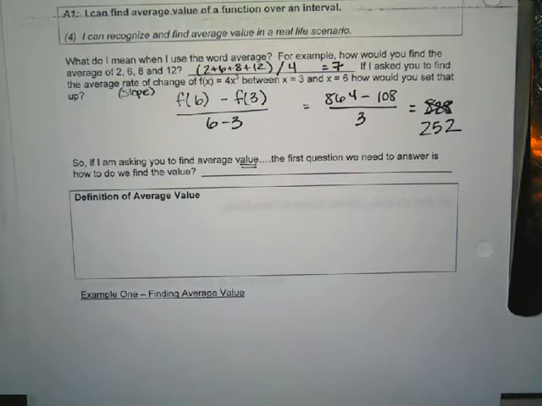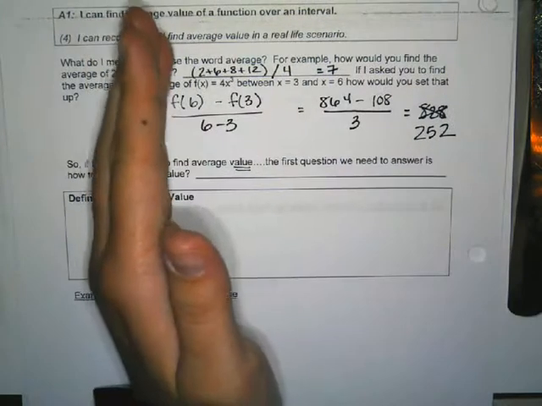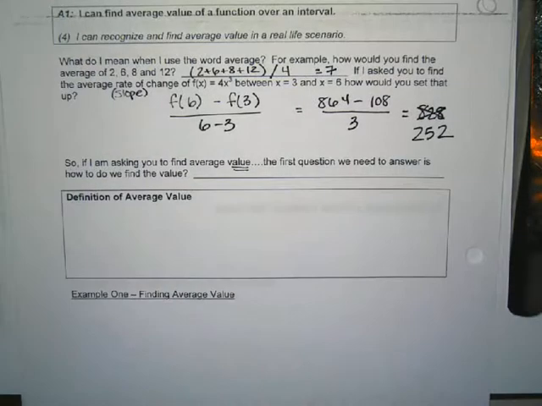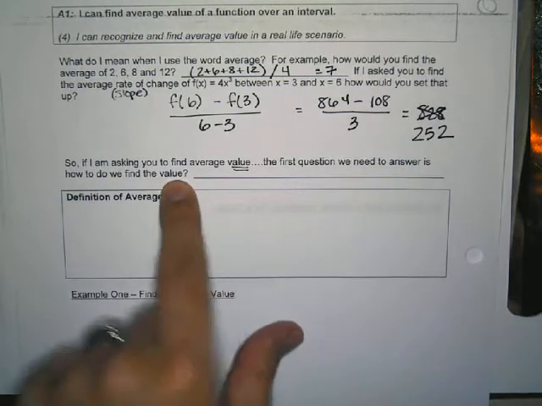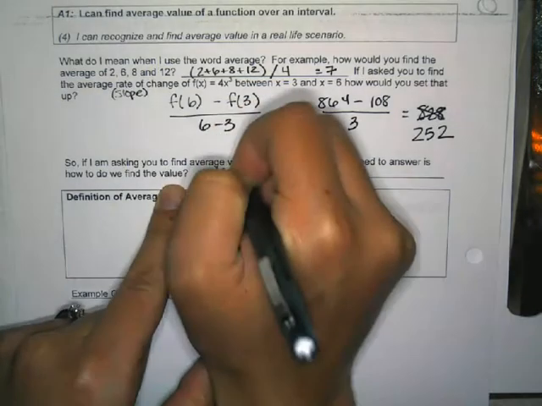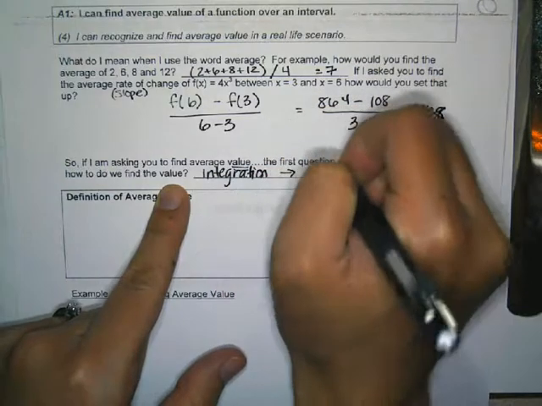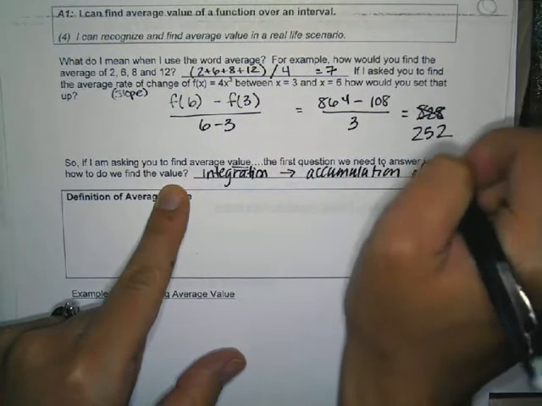So like when we've been doing volume and area, we're talking about slicing it up and then adding up all the slices. That's accumulation of value, accumulation of all the individual volumes, accumulation of all the different areas. So that's what I'm talking about when we talk about value: integration, accumulation of value.